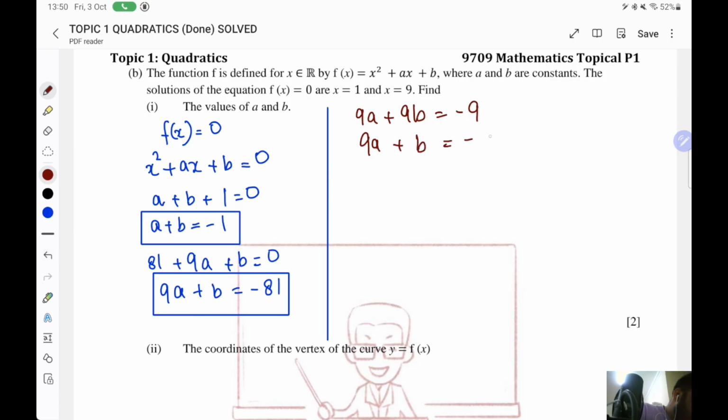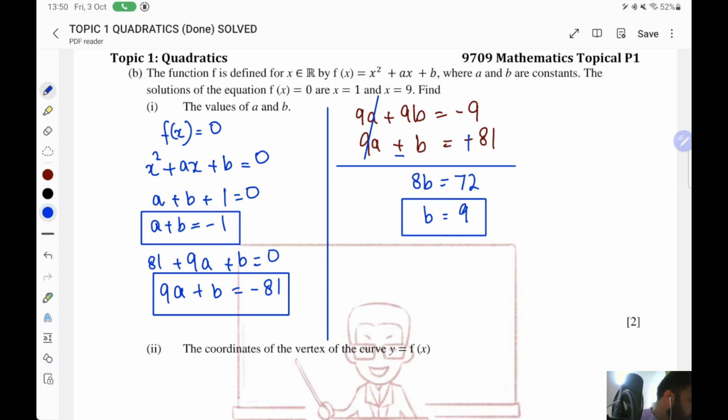So you'll simplify them, you'll subtract them both. This will change into a positive, this will change into negative, so it will be 8b. So minus 9 plus 81, 72, and the value of b from here will be 9.